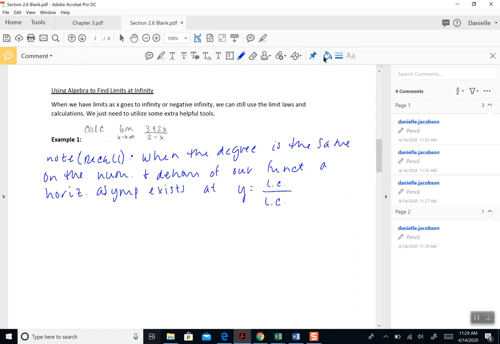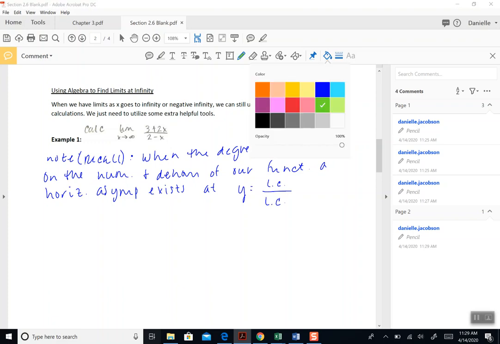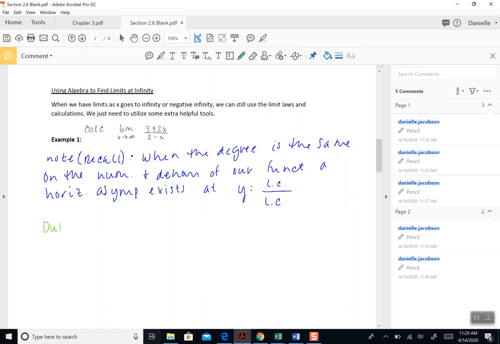All right, so in our example, I actually know there's a horizontal asymptote right now. I can see that my degree on both the top and the bottom is 1. If you've forgotten what a degree is, that's just the largest exponent that your variable is raised to. So since x in both the top and the bottom of this is raised to the first power, the degree is the same.